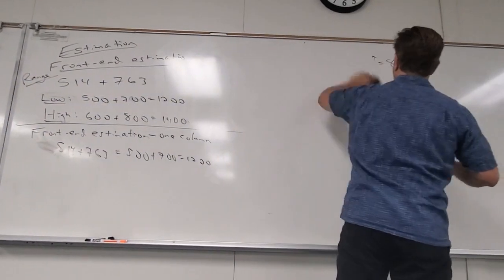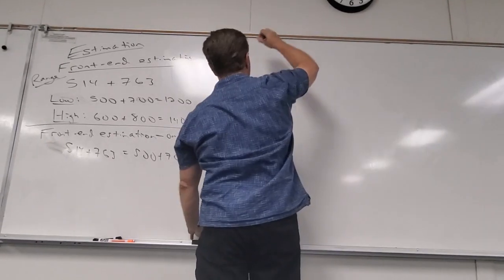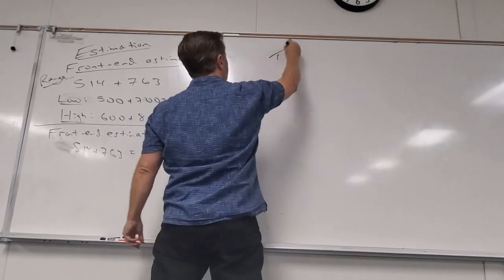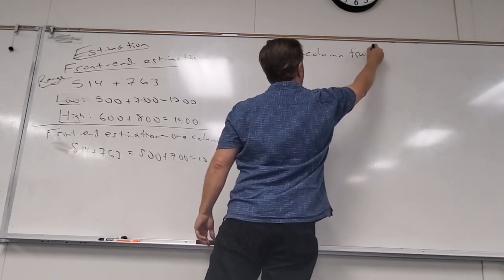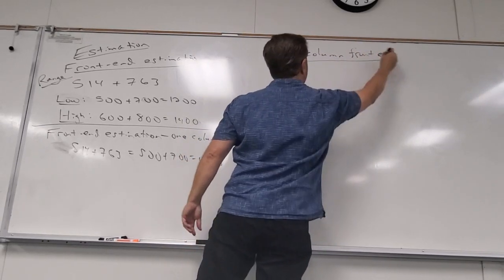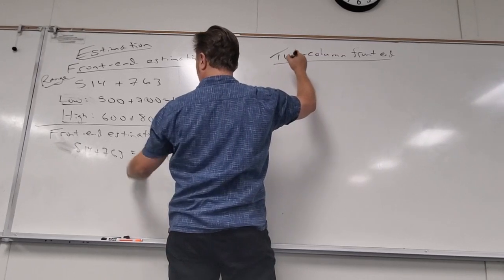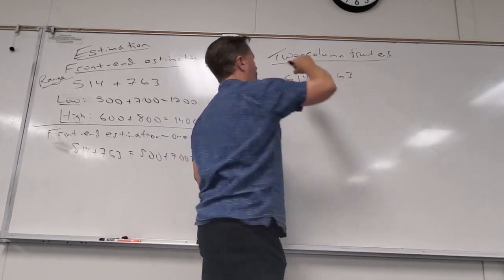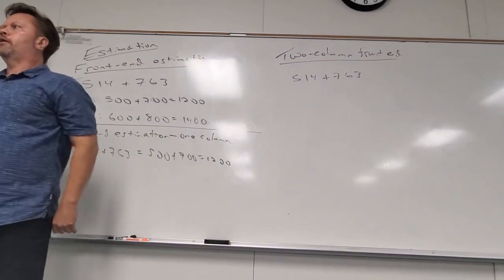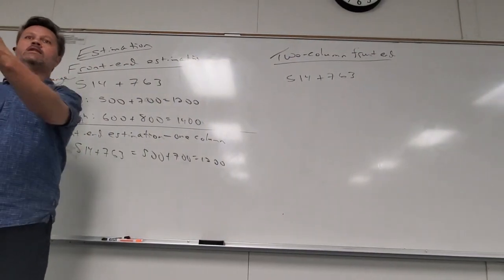Incredibly enough, the next kind of thing we can do is called 2-column estimation. If I do the same thing, 514 plus 763, you just chop it off at the tens place, right?